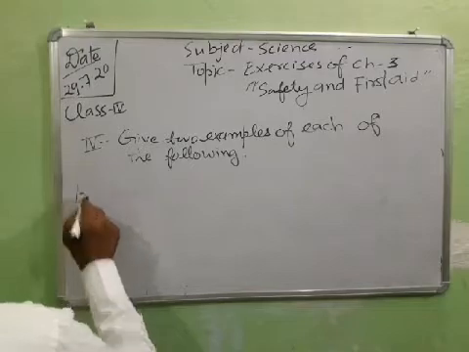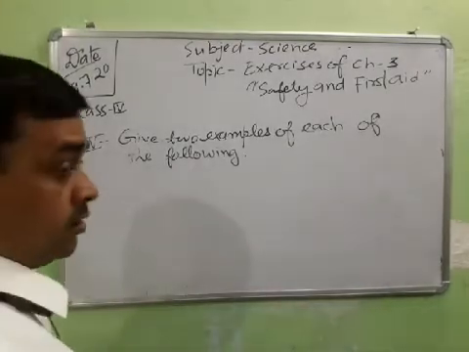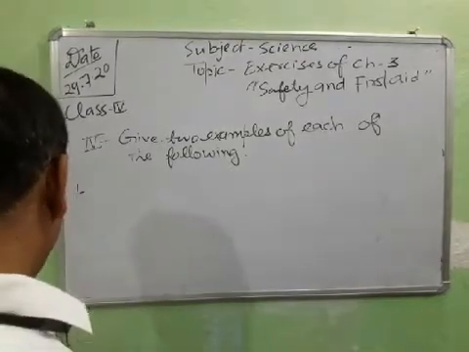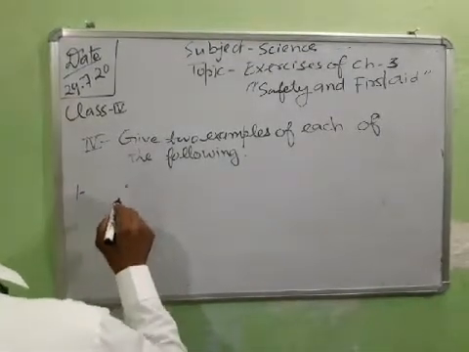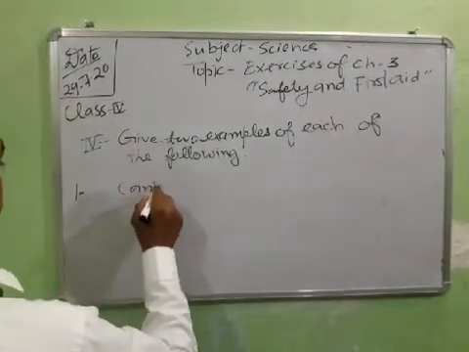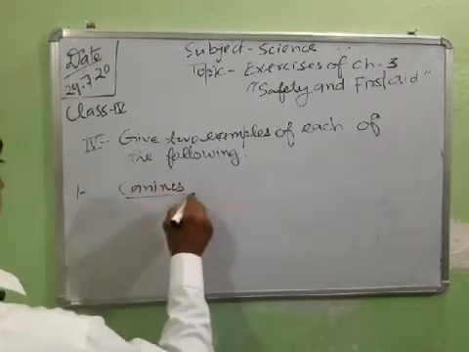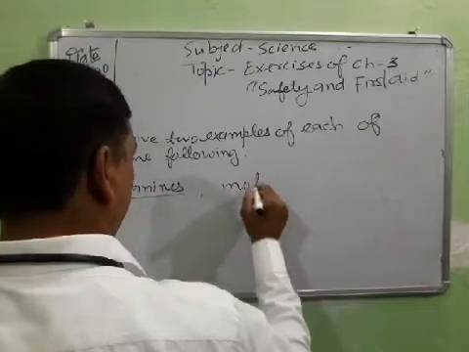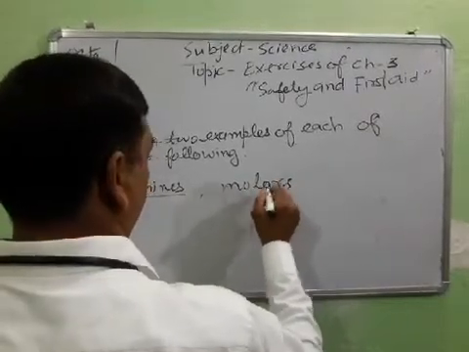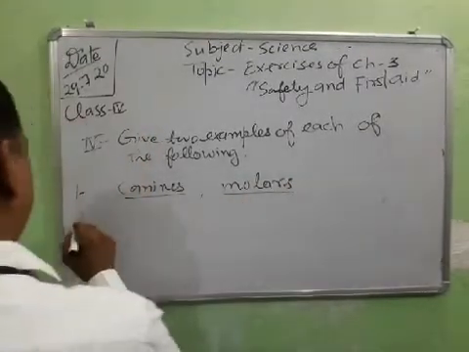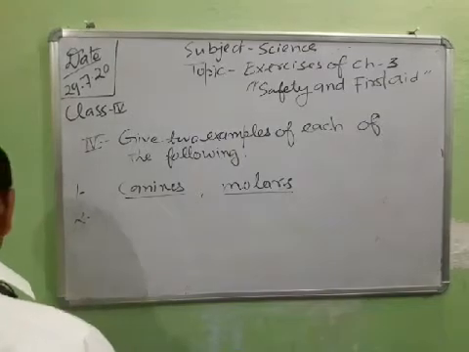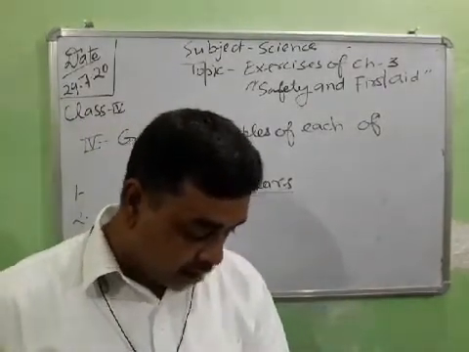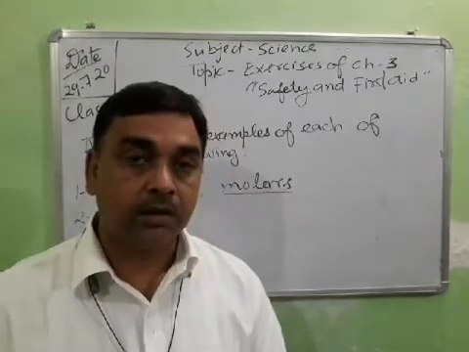Question number 1: kinds of teeth. Student, there are 4 kinds; write any 2. I will write canines, and second, molars. Second, irritants that harm the teeth.